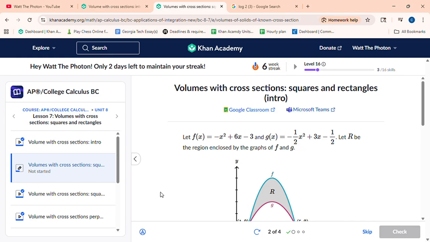F of x is negative x squared plus 6x minus 3.